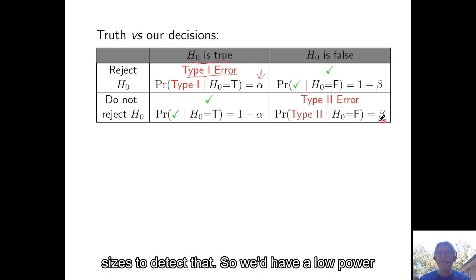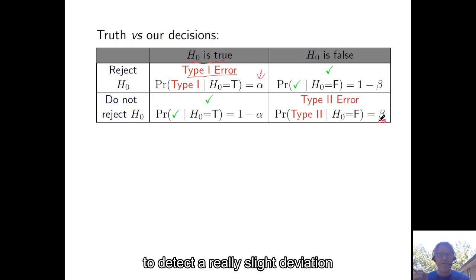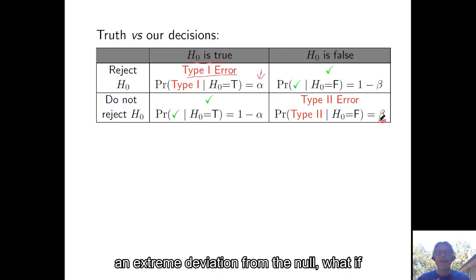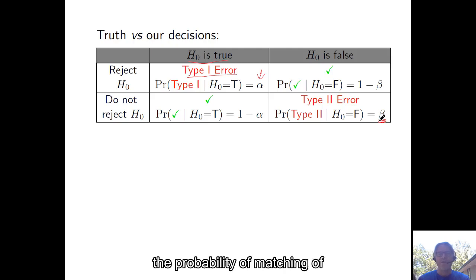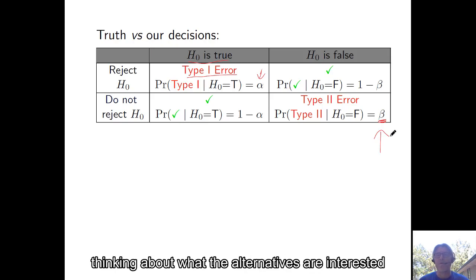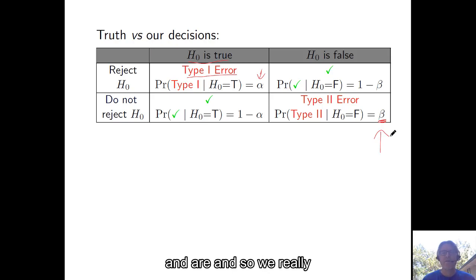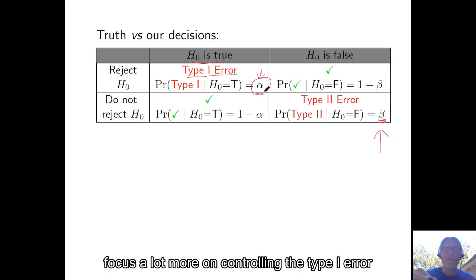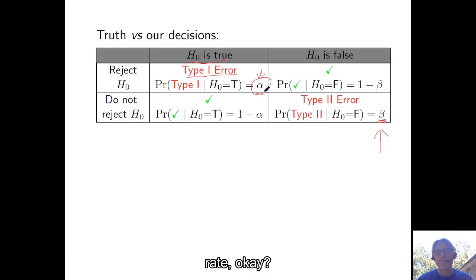So we'd have low power to detect a really slight deviation from the null. If you're considering an extreme deviation from the null, like a probability of matching correctly of 80% or something like that, then you have a lot more power to detect that. So calculating beta is really tricky and involves thinking about what alternatives you're interested in, and so we really focus a lot more on controlling the type 1 error rate.